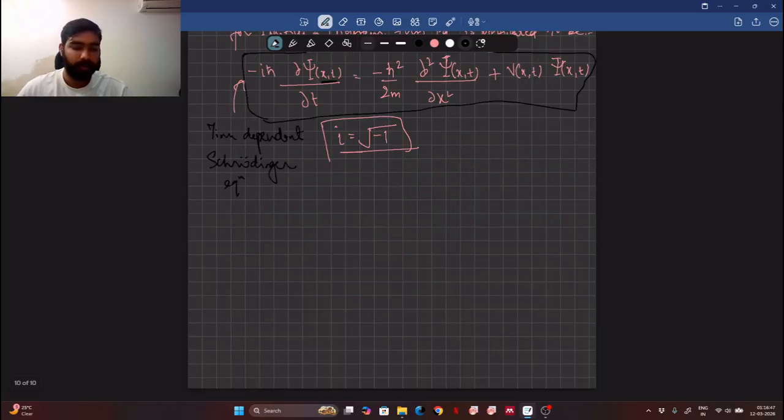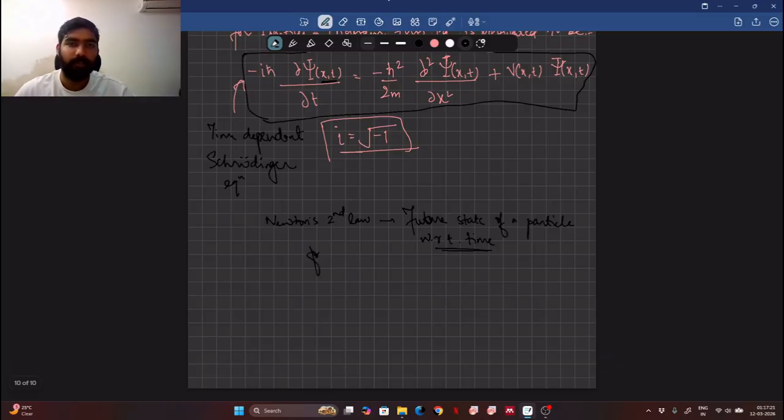So according to Newton's second law, we can basically predict the future state of a particle, where it will be with respect to time. So what will be the position of the particle with respect to time? We can predict that using Newton's second law.